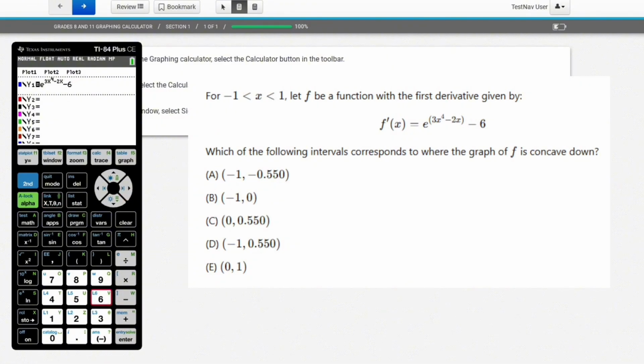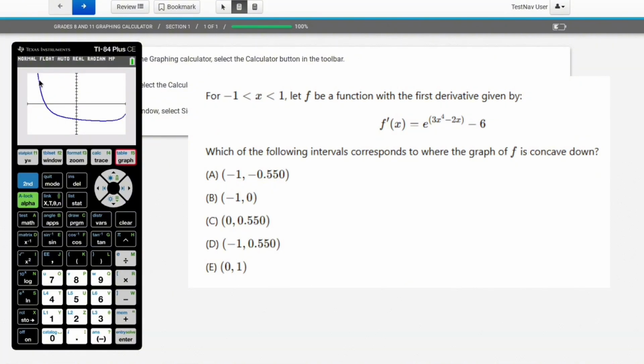And since we care about stuff happening between -1 and 1, let's just change our window to where the x minimum is -1 and the y minimum is 1. Graph.